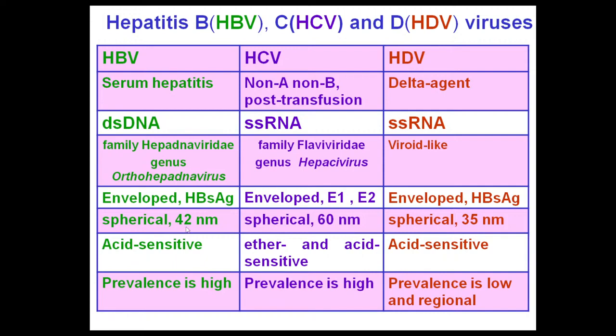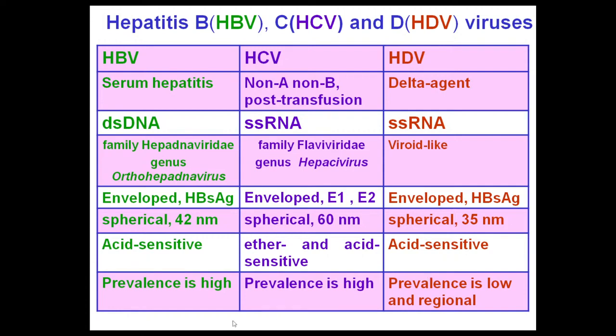Hepatitis B is 42 nanometers, hepatitis C is a bit larger, up to 60, and hepatitis D is also small, 35 nanometers in diameter. They are all acid and ether sensitive, so they can be inactivated quite quickly, but unless they are covered with blood, as a part of a blood clot, they may not be inactivated very easily.